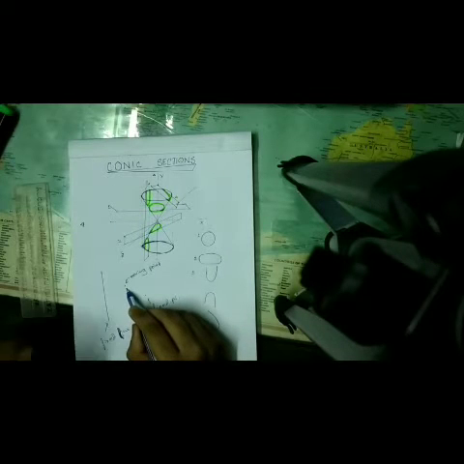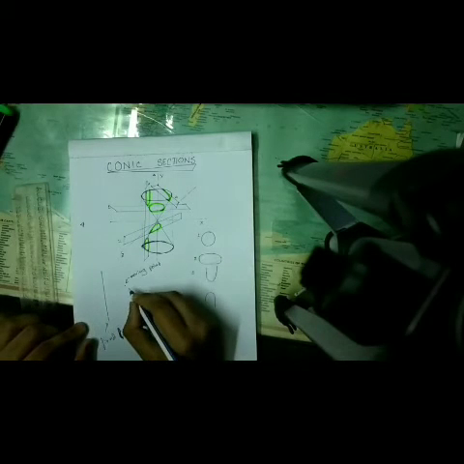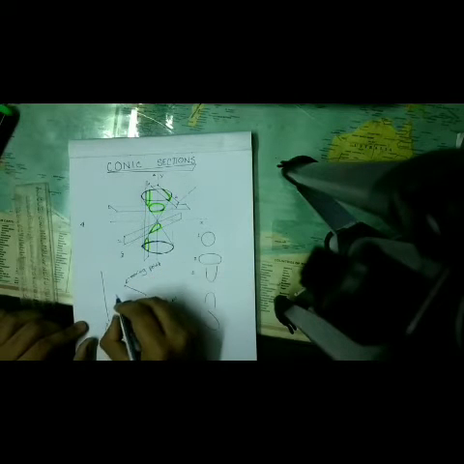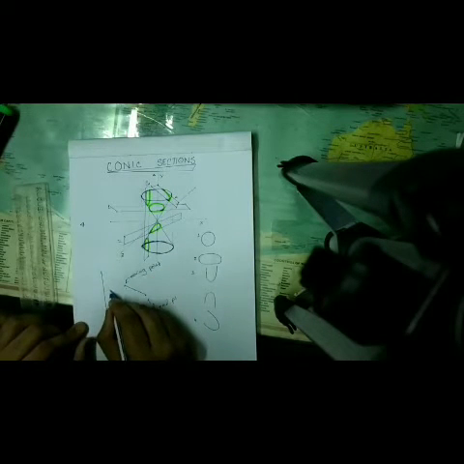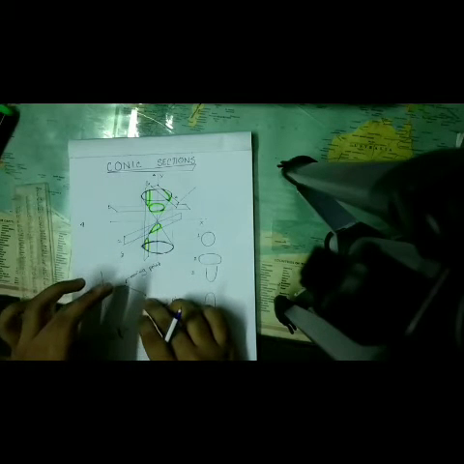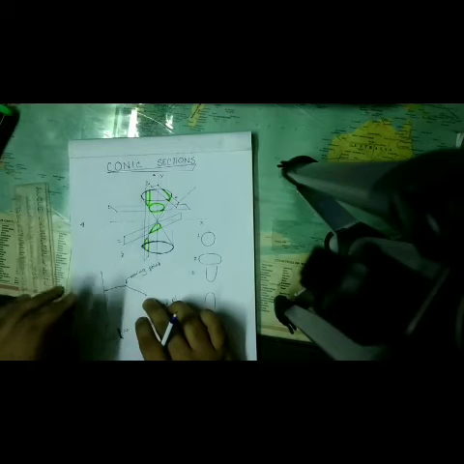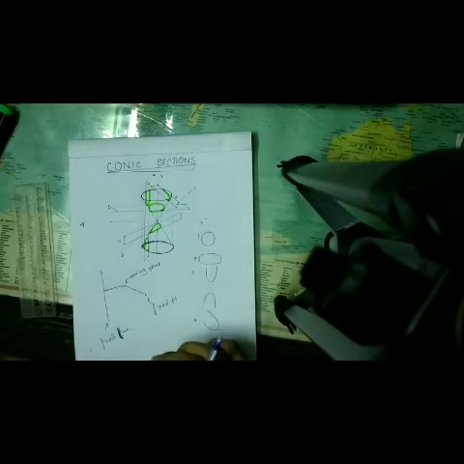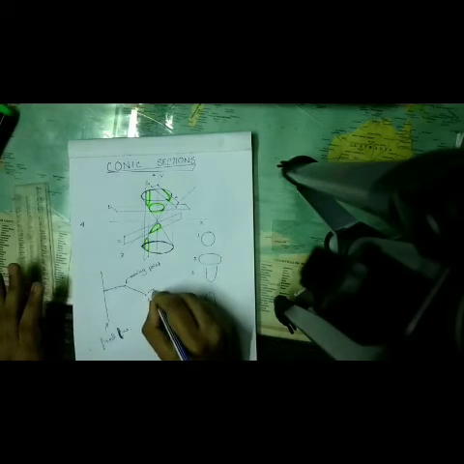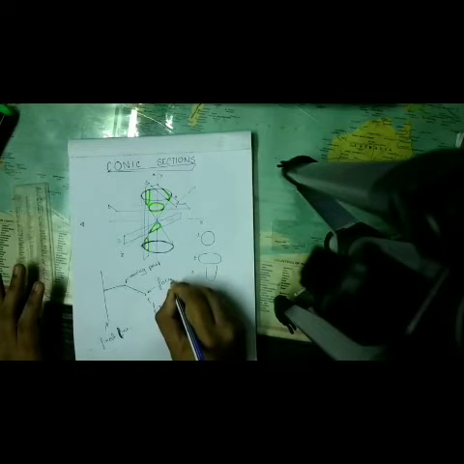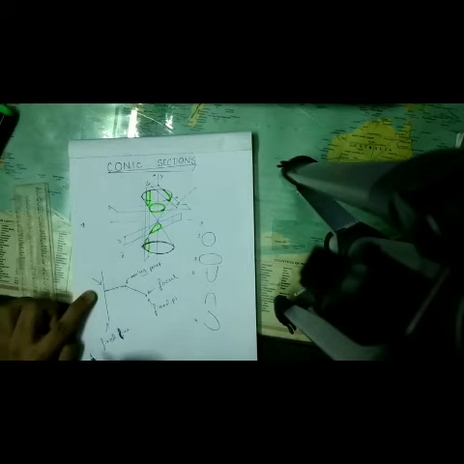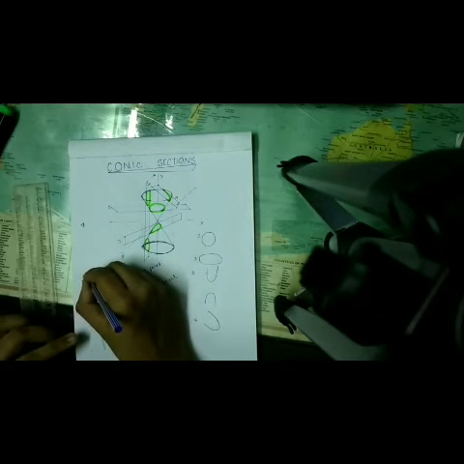Now this point moves in such a manner that its distance from the point divided by its distance from the line, that is the ratio of its distance from the point to the distance from the line, is the same at every point of the curve. This fixed point is known as the focus. This fixed line is known as the directrix.